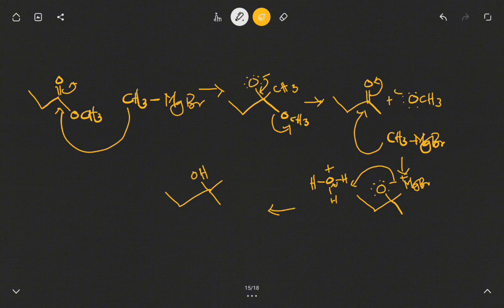So there you have it, your tertiary alcohol, and then the water, as well as the MgBr. So that's how Grignard reagents react with carboxylic esters to give you a tertiary alcohol.